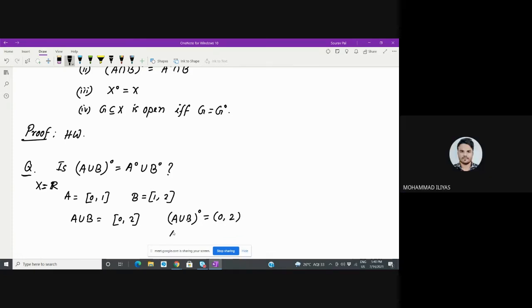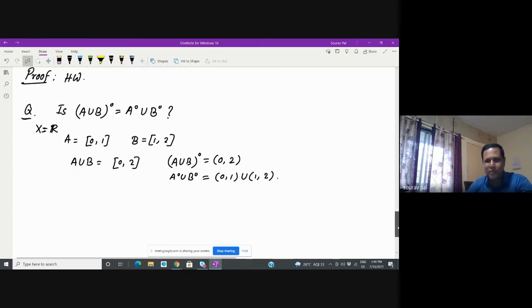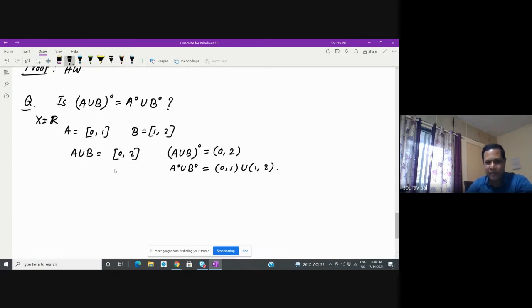And A interior union B interior will be the open interval (0,1) union the open interval (1,2). This is fantastic. So this point 1 is missing, right? So this means we are missing one point.